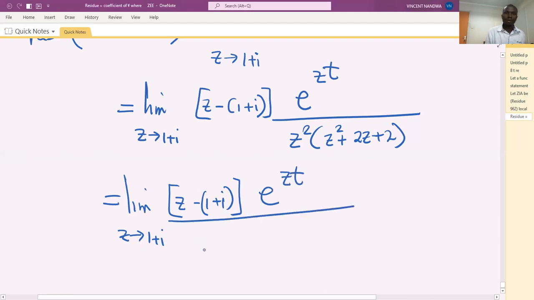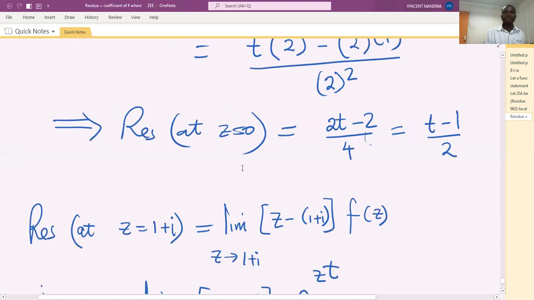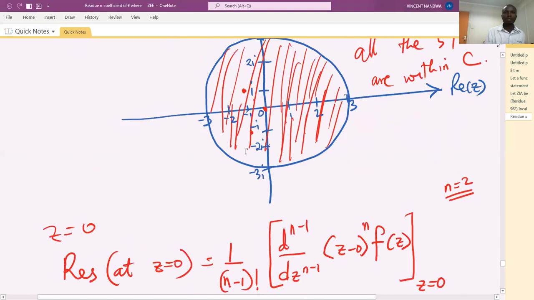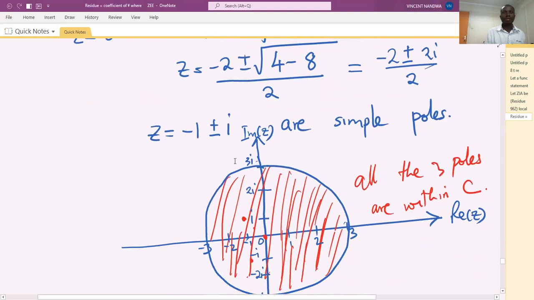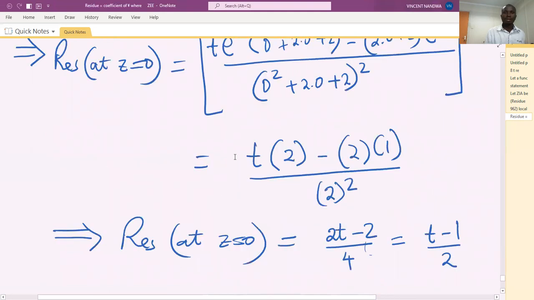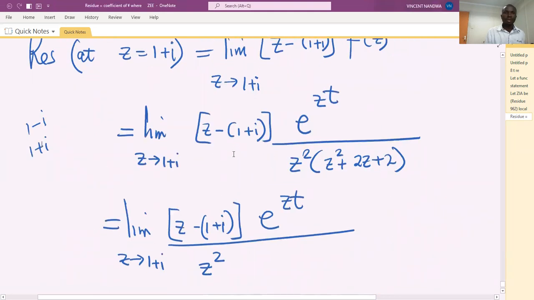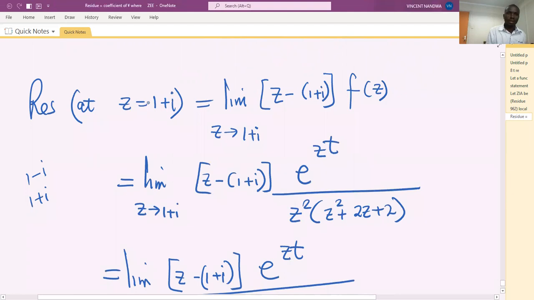divided by z squared. And because we found the roots of this quadratic, these were the roots. Remember, minus 1 plus or minus i. So actually this will be negative, this negative sign here.